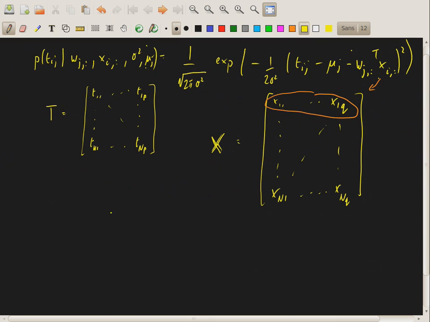And then we've got W, which has got P rows. So let's just put these things in here: N, P, Q, Q. It's got P rows, and there's a W11 to W1Q, and a WP1, W, PQ.